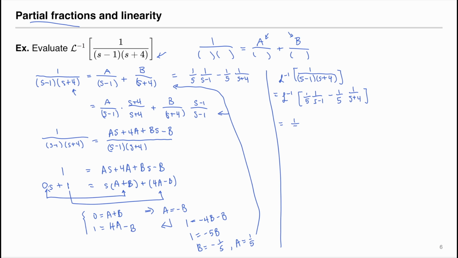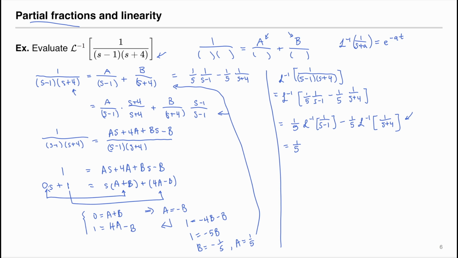And then we use the linearity property, pull out the constant, and then separate each term, evaluate it individually. Now we want to find things that look like this in the table. And from the table, you can find that the inverse Laplace transform of 1 over s plus a equals e to the negative at.